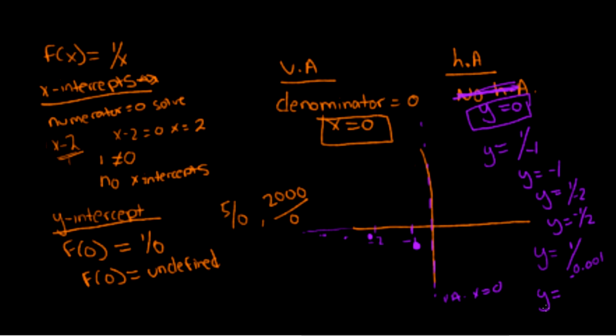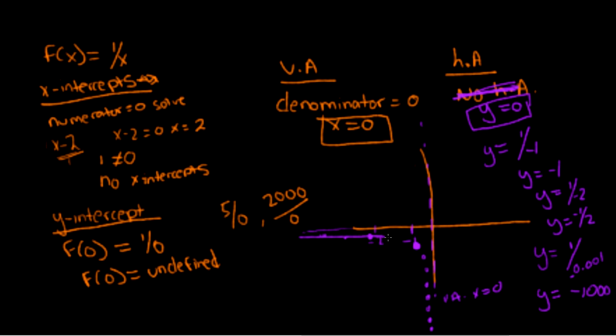What will our answer be? 1 divided by negative 0.001 is equal to negative 1000. So the closer the x values get to the vertical asymptote, the bigger the y values get. In this case, they get more negative, higher negative numbers.